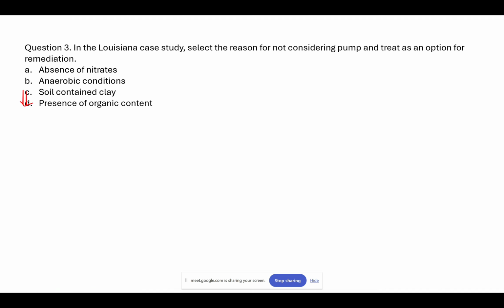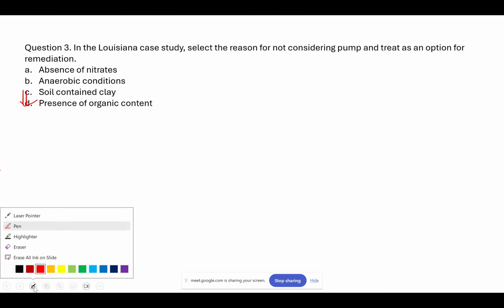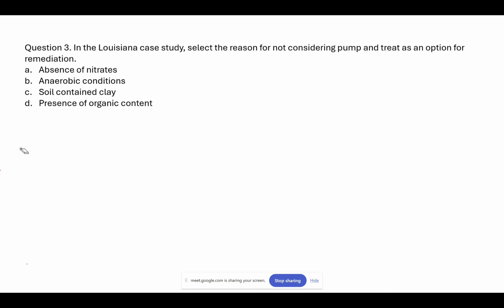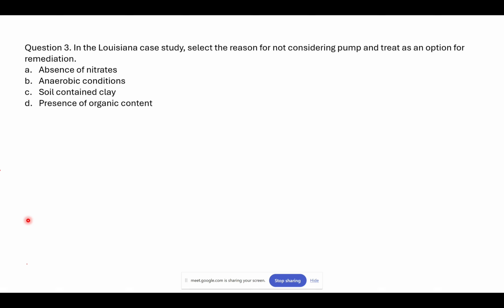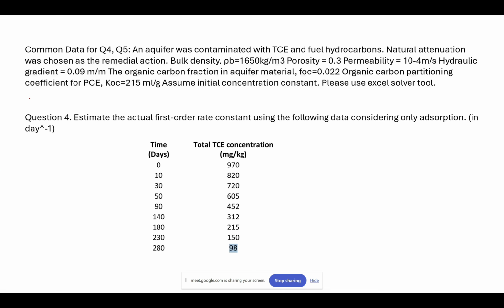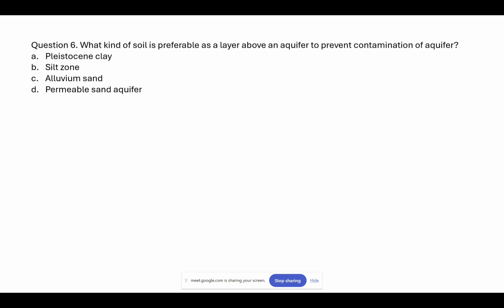So D is the correct answer. Now we will solve questions number 4 and 5 at the end.